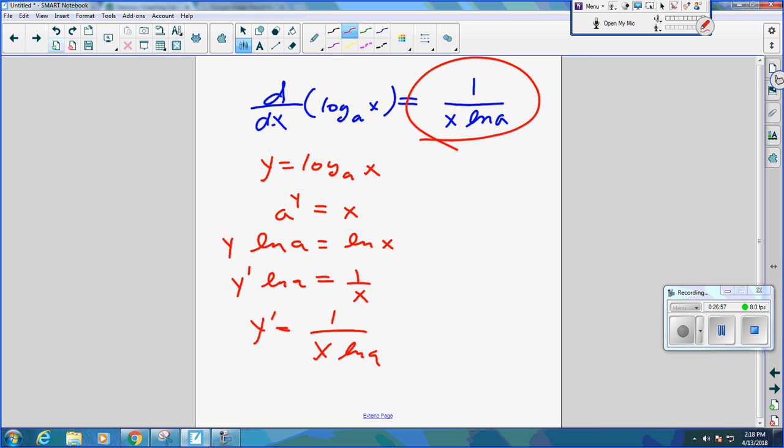All right? I do not like memorizing. I try to minimize my memorizing. I have to derive it every time. Again, it depends on how much math you're doing, all right? But anytime we have a log, then we can use that.